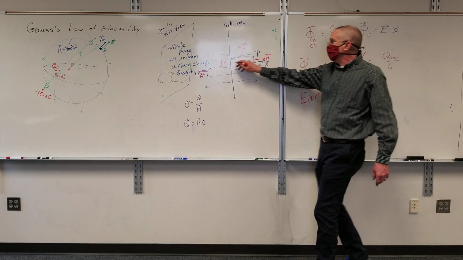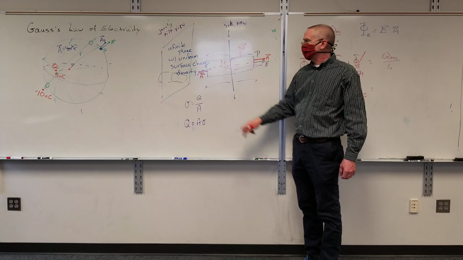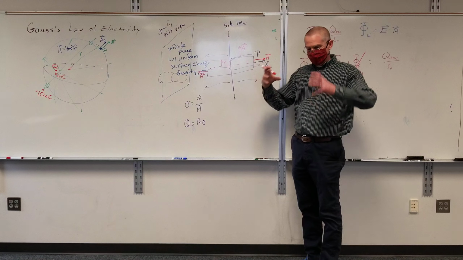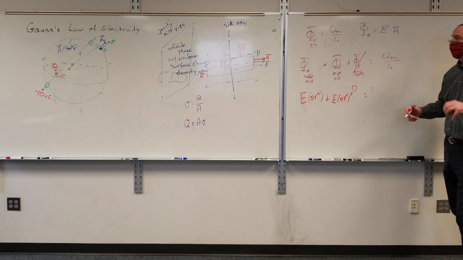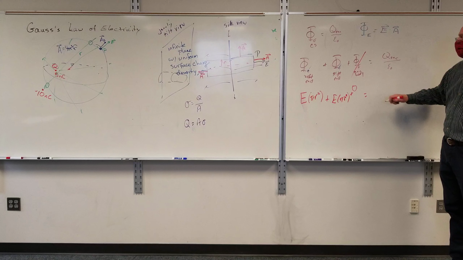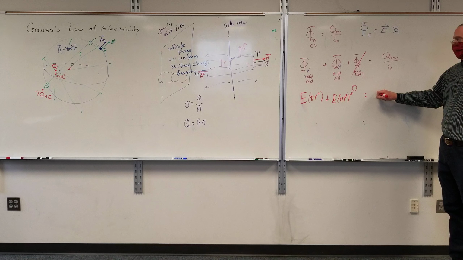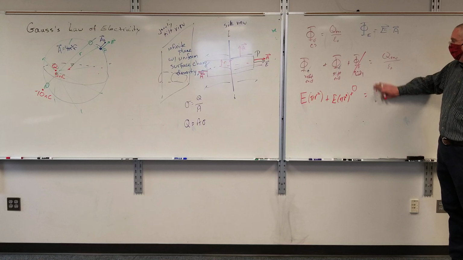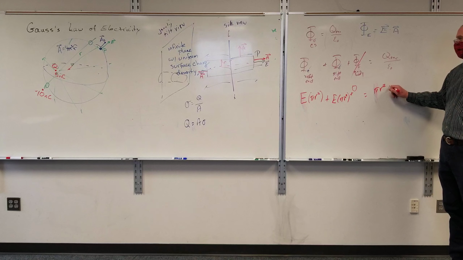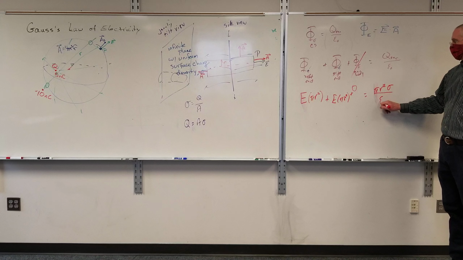It's the area here in the middle, which is the same area as the left and the same area as the right. I have a regular cylinder here, I'm not tapering it, because that would be a waste of time. So this is pi r squared times sigma over epsilon sub naught.